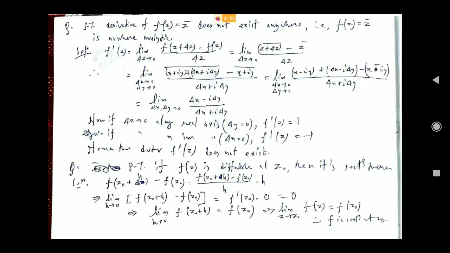Sir, the real component, del x. Real component del x will be equal to 0. Right. So del x 0 means this is 0, this is 0. So what remains is minus i del y divided by plus i del y. Now i gets cancelled because i is non-zero. Del y also gets cancelled. They are non-zero. So what remains is minus 1.